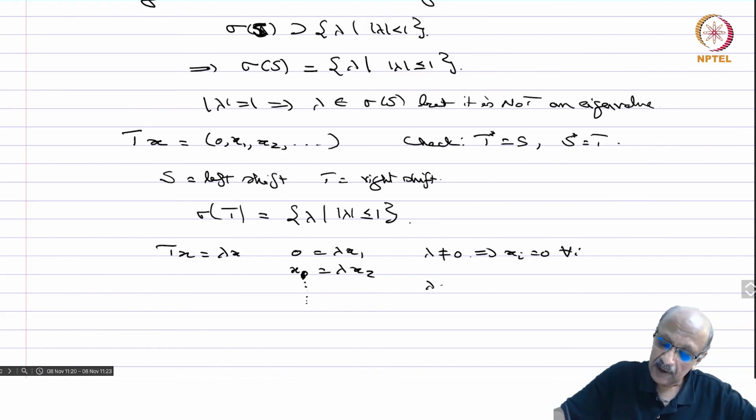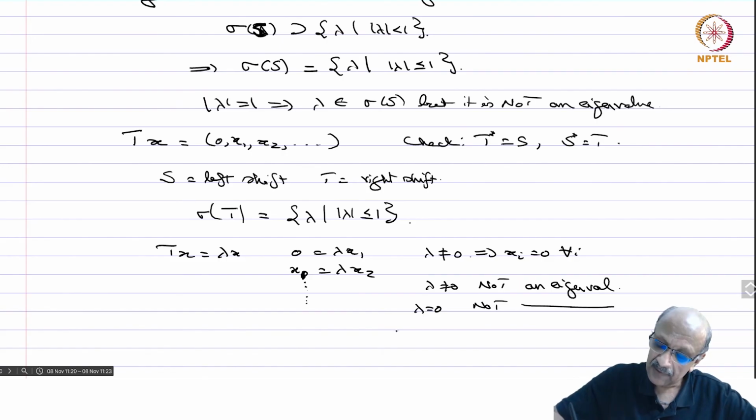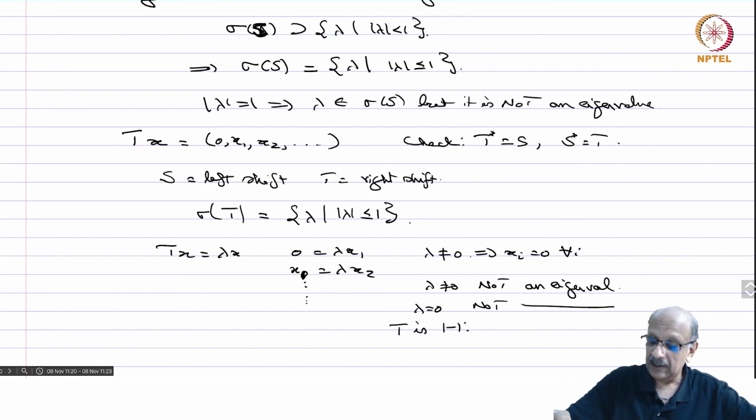Therefore, lambda not equal to 0 is not an eigenvalue. Again, lambda equal to 0 is also not an eigenvalue because T is one-one. It's an injective map, therefore it cannot have any non-zero vector going to 0. Therefore, no eigenvalues.